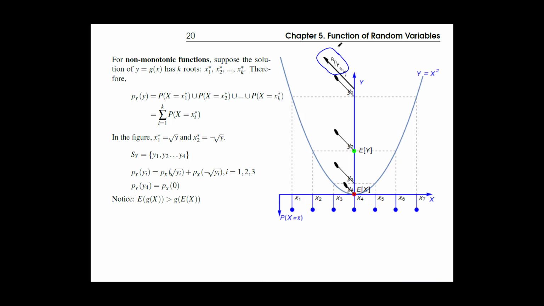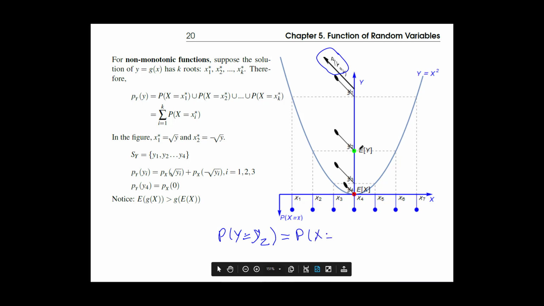So what happens is, for example, the probability of y equals y2, from the figure, is the probability that x equals this value, x2, but also plus the probability that it's equal to x6 in this case.